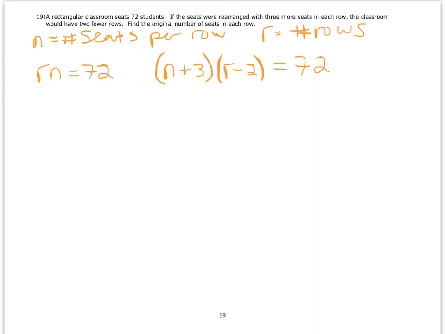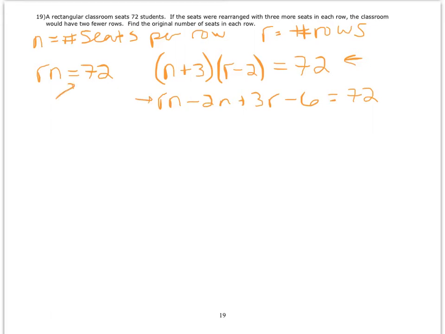So if I FOIL the left side of this equation, I get rn minus 2n plus 3r minus 6 equals 72. But I happen to know that rn is 72.